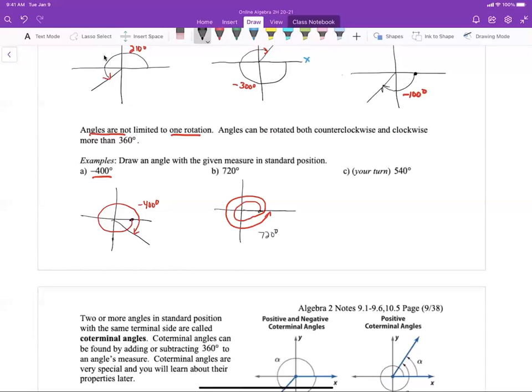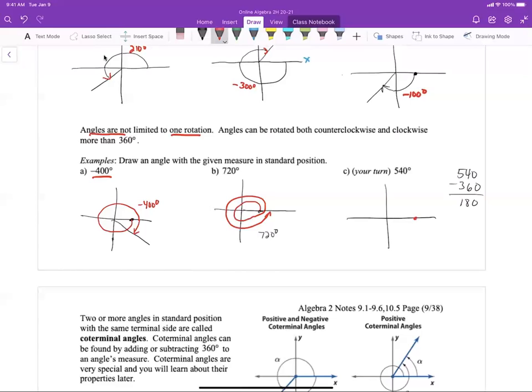Your turn. Positive 540. Okay. So 540, if I take 540 and subtract 360, that gives me 180. So I've got to go a whole 360 plus another 180. You should look at it in multiples of 360.